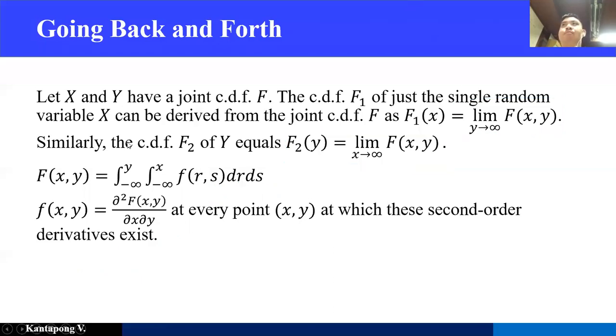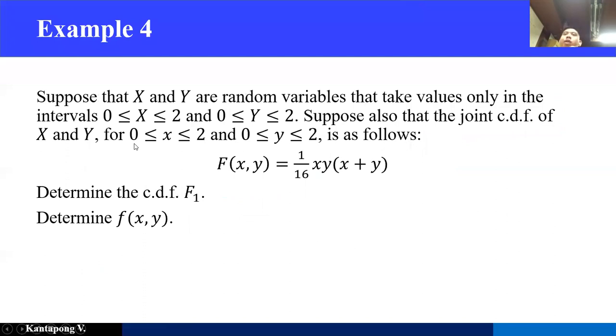Next, example 4. Suppose that x and y are random variables that take values only in this set. Suppose the joint CDF is this one and this one. So, determine F1, where F1 is F as a function of x.